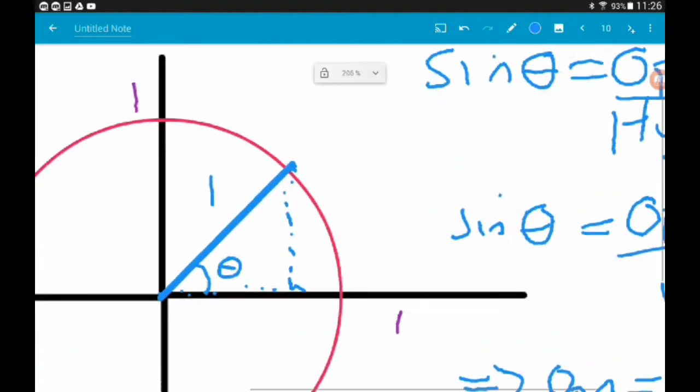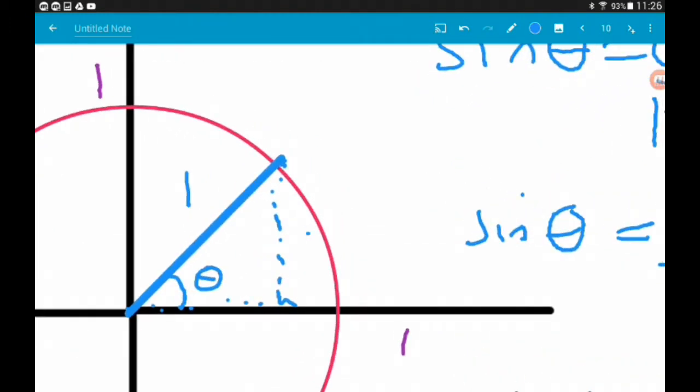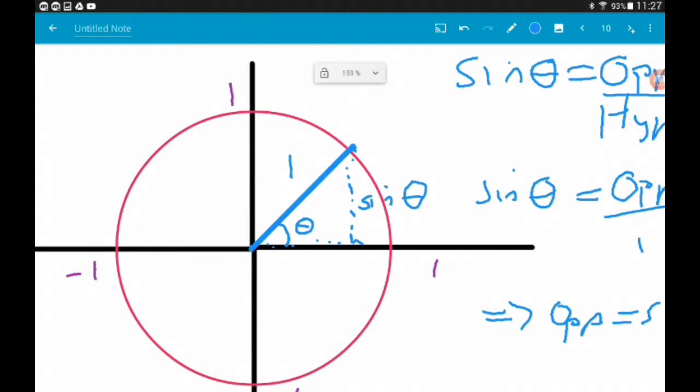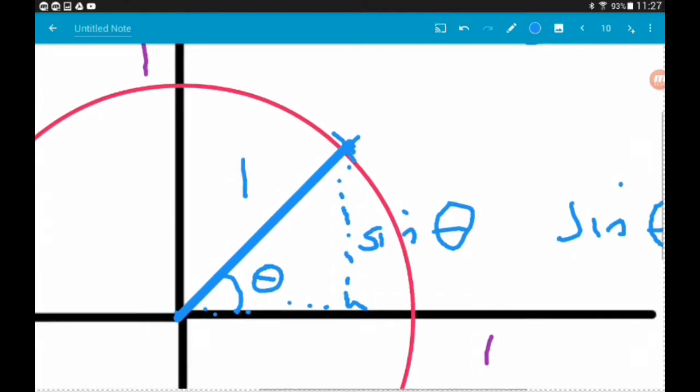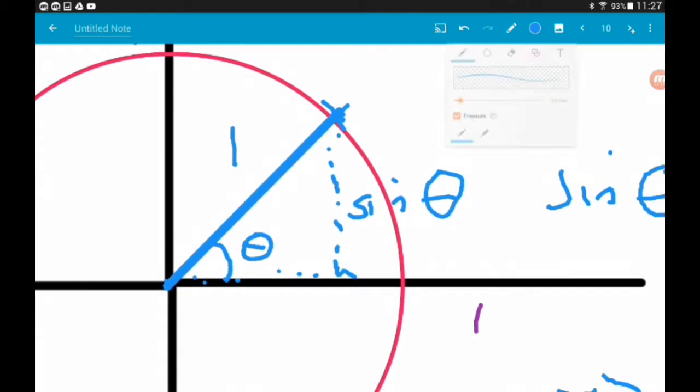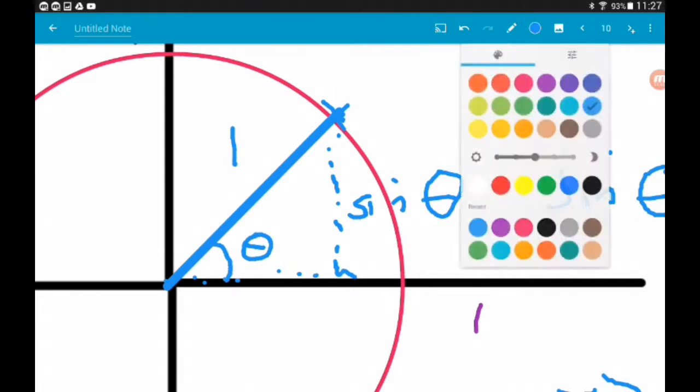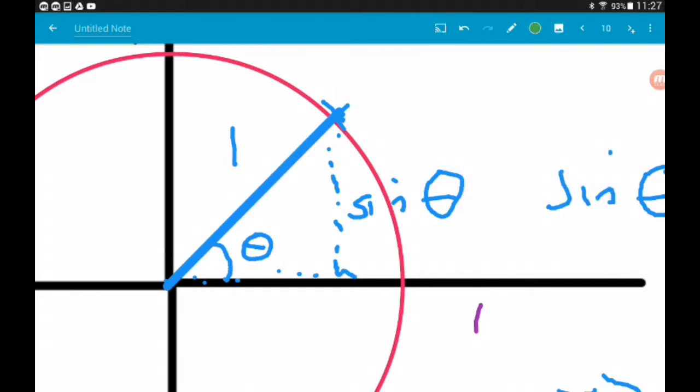So that's very, very important, and this is going to help us explain where our graph of sine of theta comes from. Sine of theta is the height of any point on the circumference of this circle. So at the moment, our point would be that. If our point moves, then so does the radius of the triangle, or the hypotenuse of the triangle, sorry. So let's say our point was here.